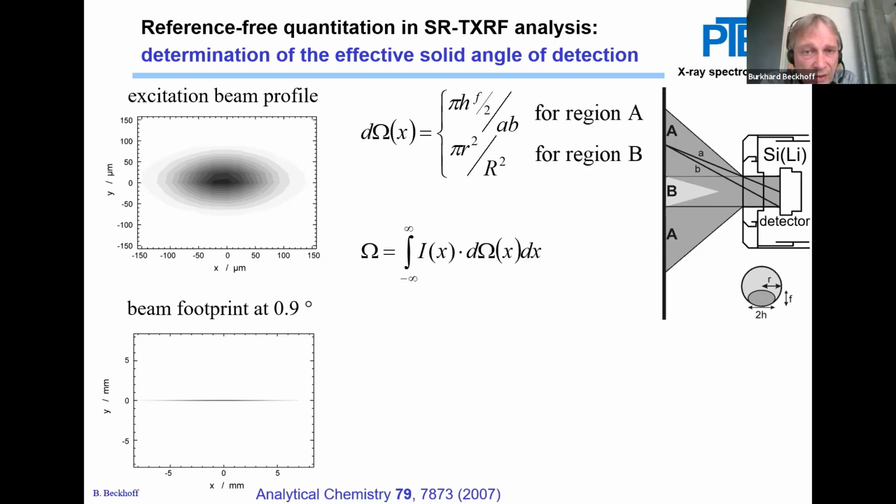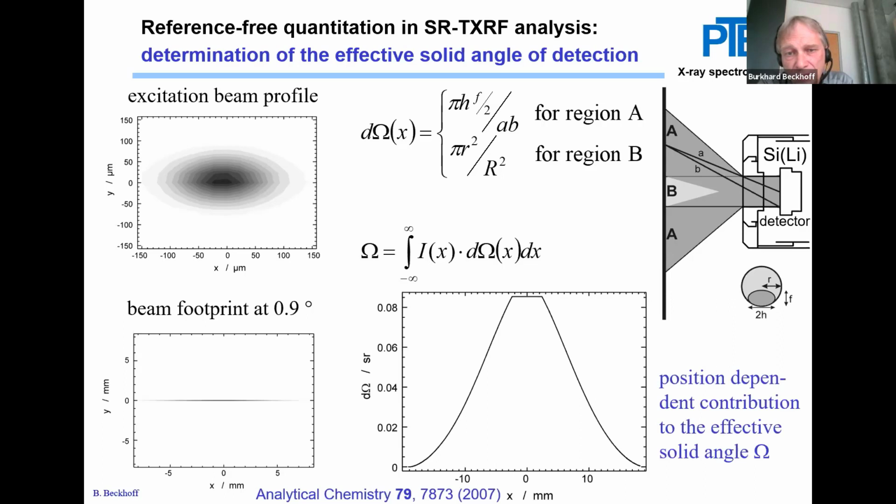The only thing you then need to do, having set up this geometric function, and you can get information on the excitation beam, for example, by means of a knife edge scan, is perform an angular convolution, and you get this position-dependent contribution to the effective solid angle.